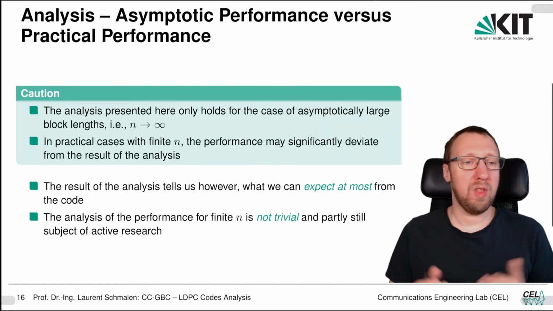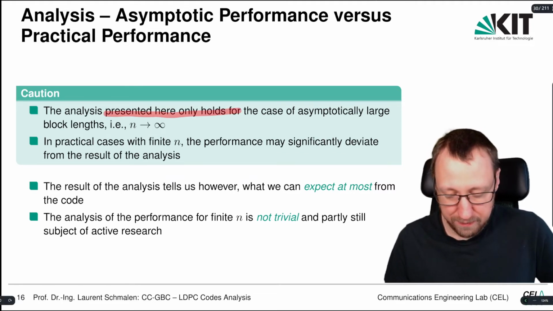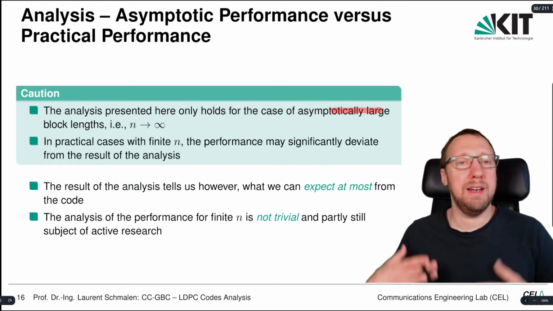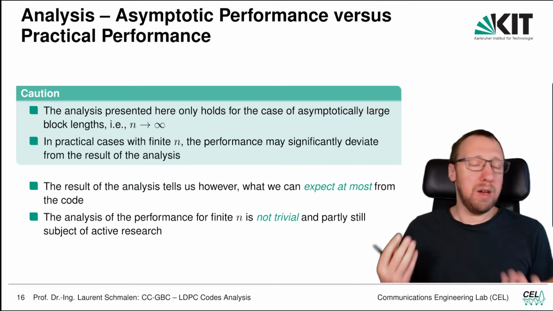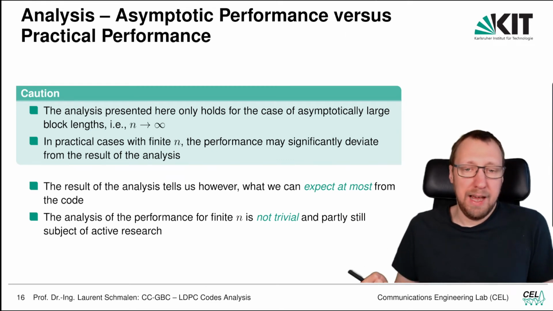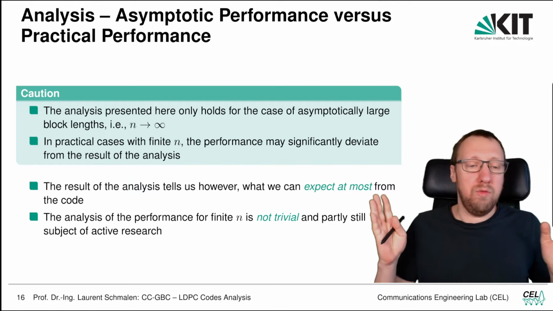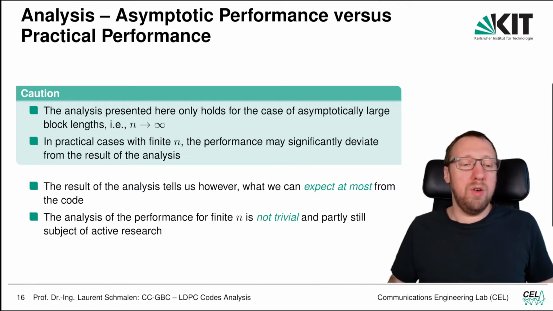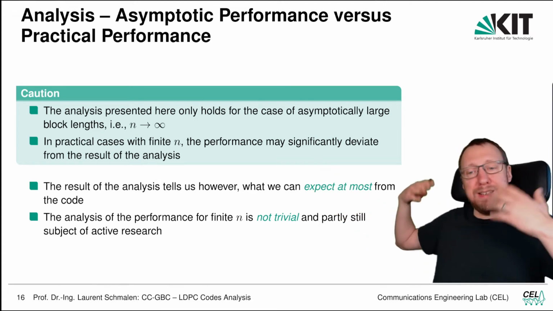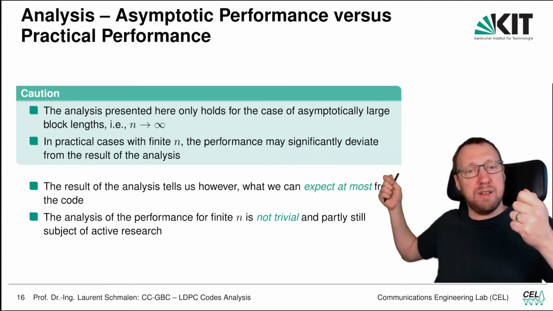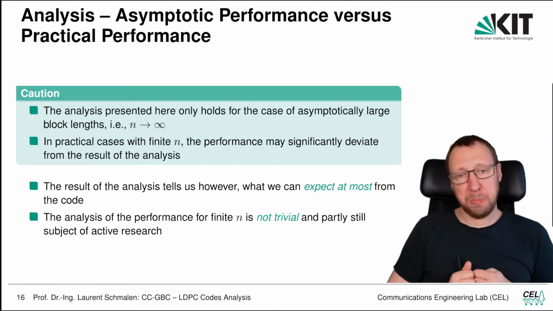So some words of caution. The analysis that I showed here holds only for asymptotically large codes, so n must go to infinity. Because of the reasons I just said, we don't need to have cycles, but we cannot construct a good code without cycles. So we need to make the code as long as possible so that the cycles are as large as we can have and they don't play a role for the analysis.